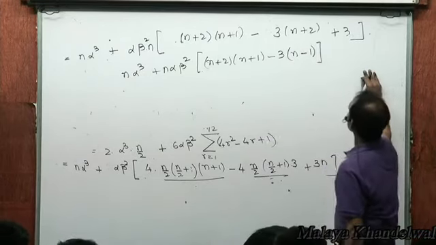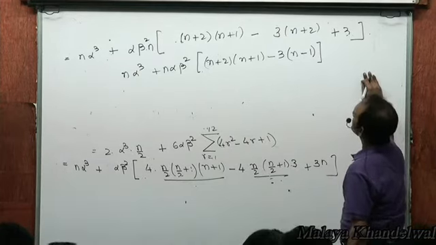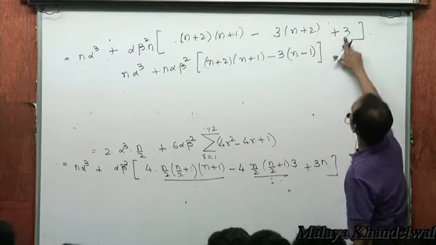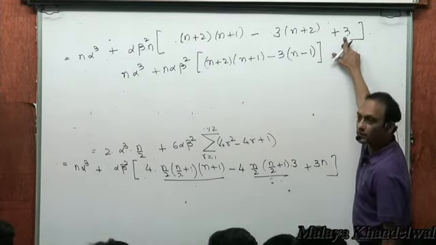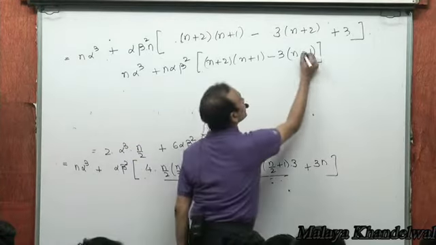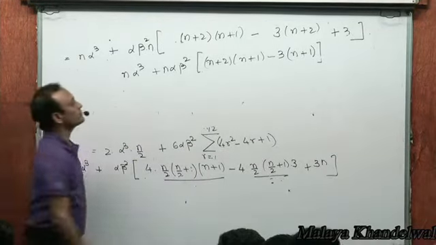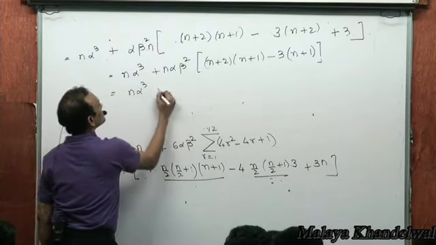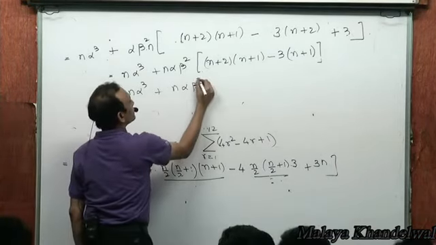Is it? See? I took minus 3 common, so n plus 2 minus 1, right? Which is n plus 1, which is n plus 1, right? 3 common. So which is n alpha cube plus n alpha beta squared.